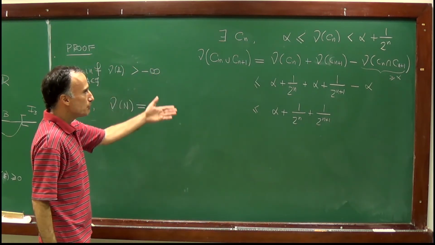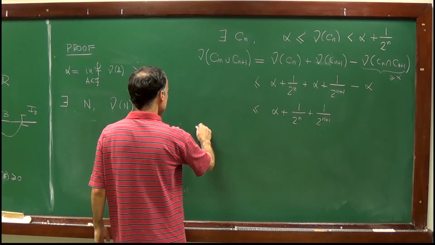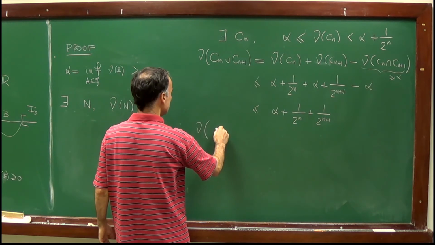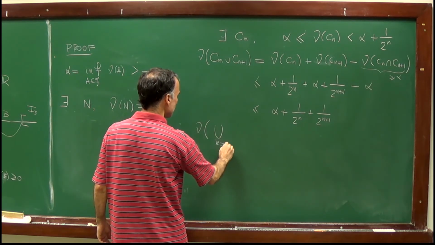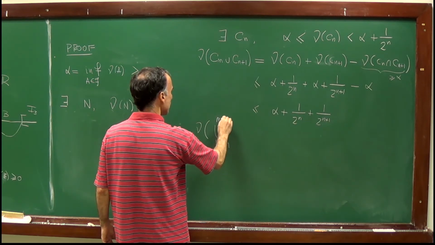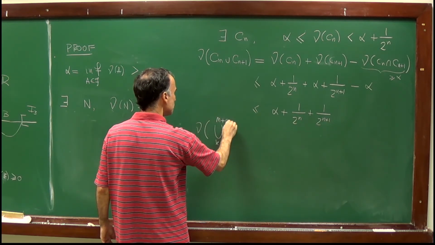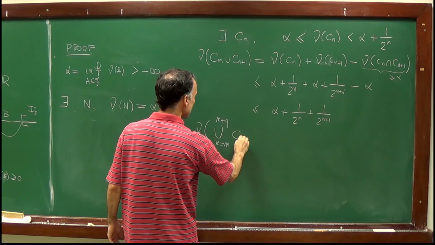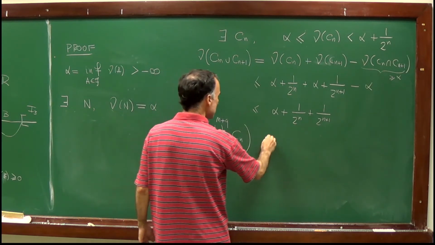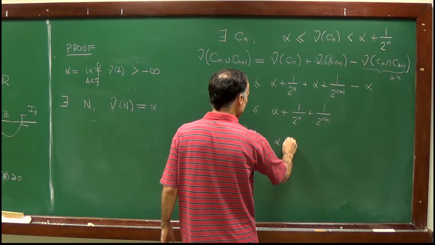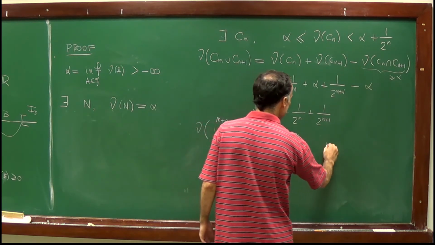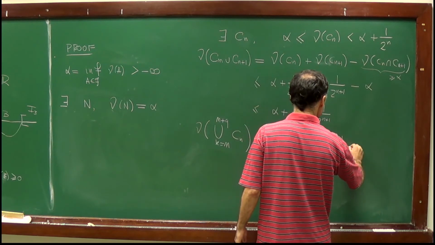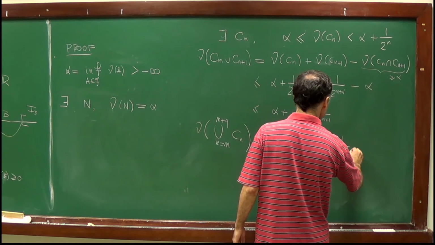So if we repeat this argument, what we'll get is that nu of the union for k going from n to n plus q of Ck is bounded by alpha plus 1 over 2 to the n-1 plus up to 1 over 2 to the n plus q.